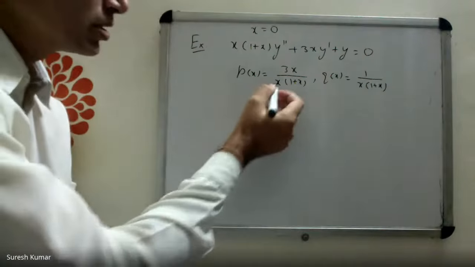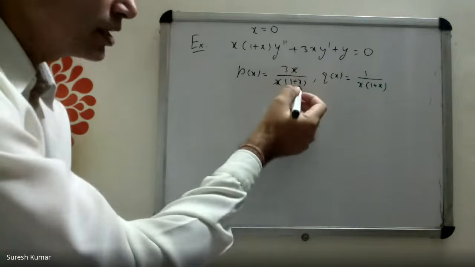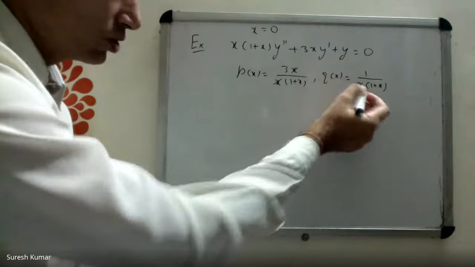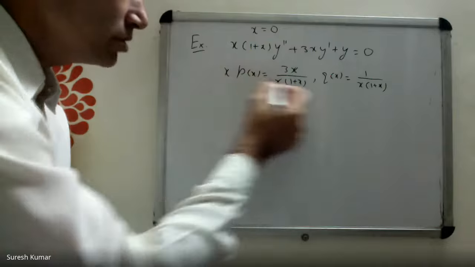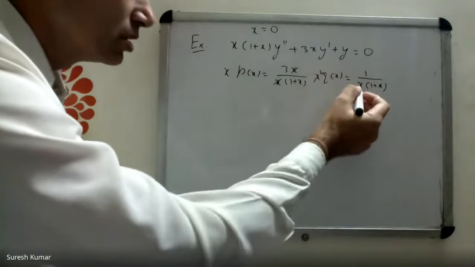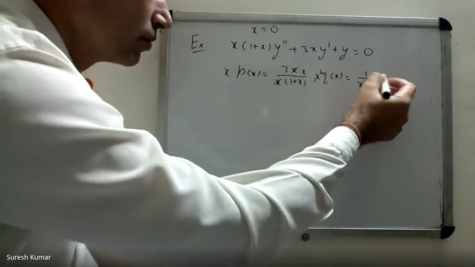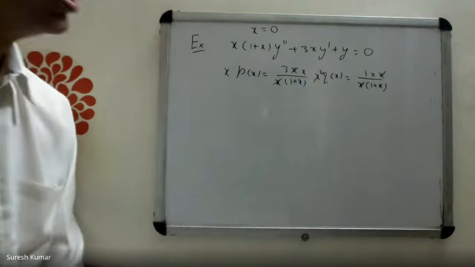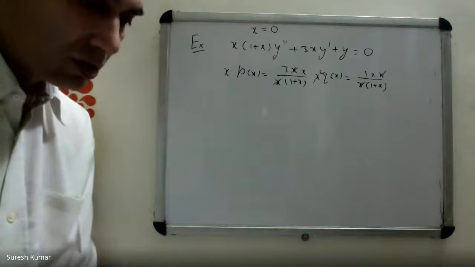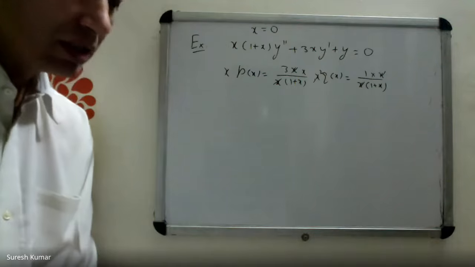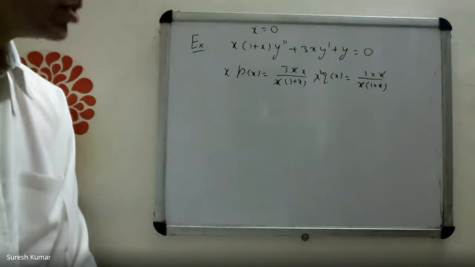So p(x) is analytic at x equal to 0, but q(x) is not. Though x times p(x) and x square q(x), you can see if I multiply by x, this x is no more. These are analytic at x equal to 0. So x equal to 0 is a regular singular point of the differential equation.